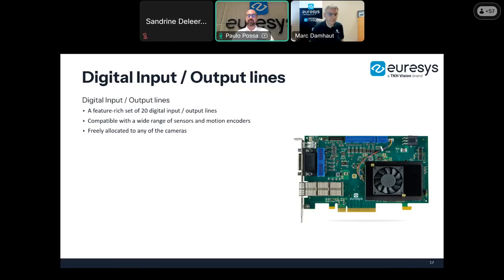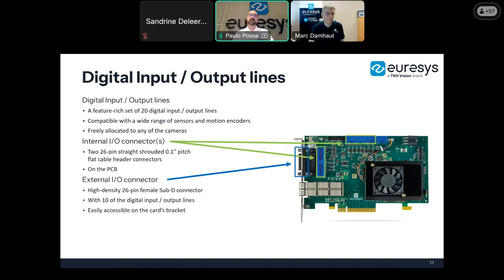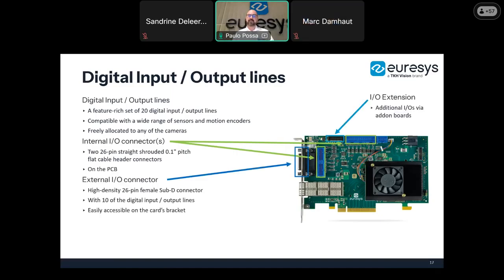They are accessible via 2 internal connectors and 1 external connector. We have also an I/O extension to include additional I/O modules and a C2C link interface for camera synchronization between different boards.